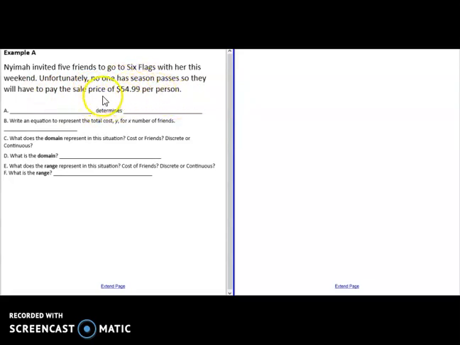First thing we want to know is what's our independent and what's our dependent. So which piece of this story affects the other piece? Here's a big hint. When I'm reading this, $54.99 per person, if you see that per something, usually this something is your independent quantity, because the number of people is going to affect the cost. The number of people determines the cost.